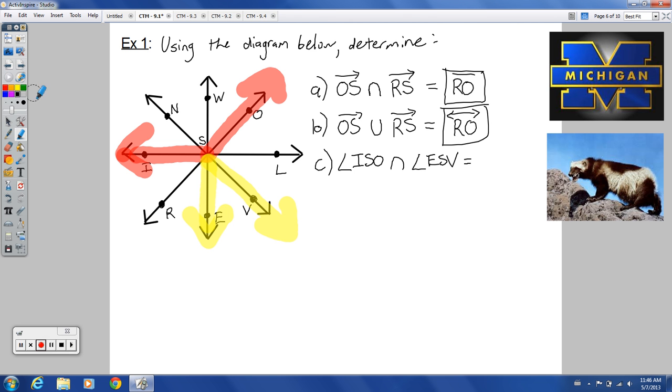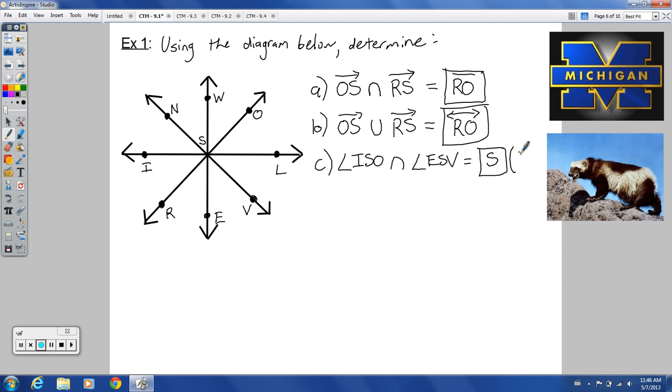What they have in common is just that point right there. That's point S. And so get rid of all that and have that as our answer. So S, you can just say S, or if you actually said point S, that would be totally fine as well.